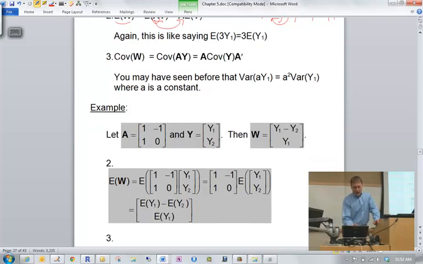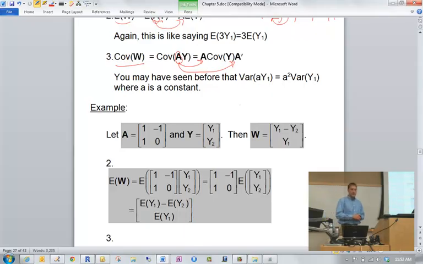Okay, what about then the covariance matrix for W, or in other words, the covariance matrix of A times Y? What ends up happening is that this A is factored out in 2 spots. This ends up being A times the covariance of Y, times A prime.